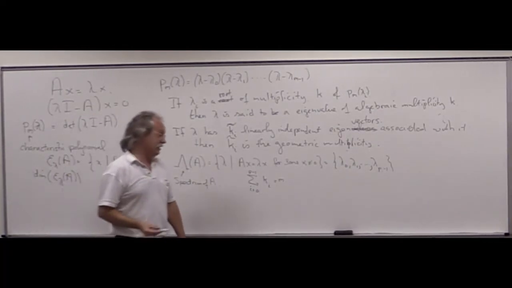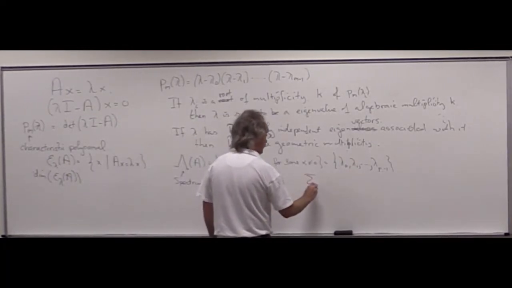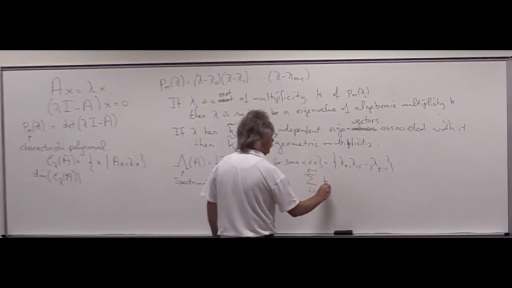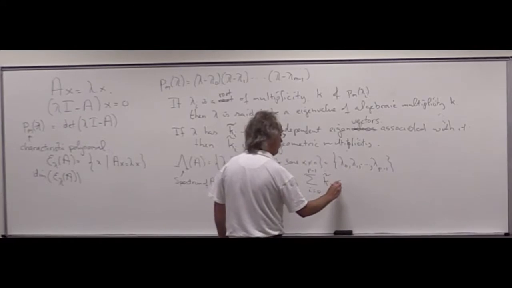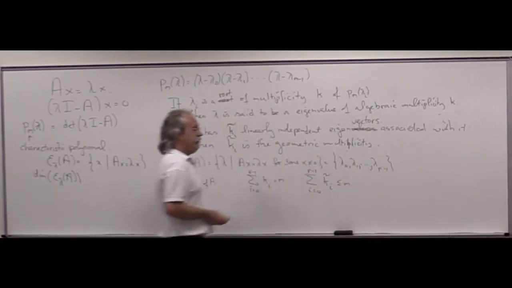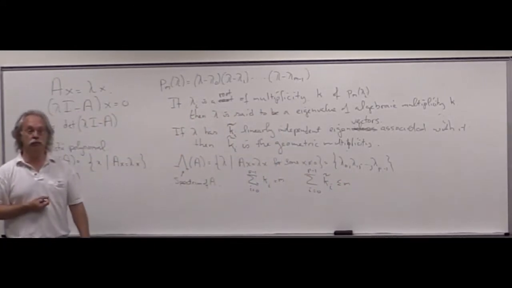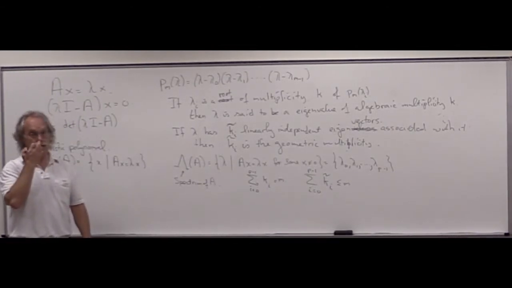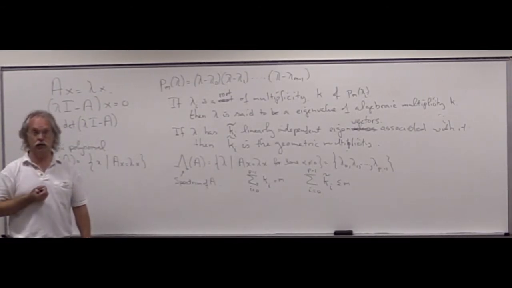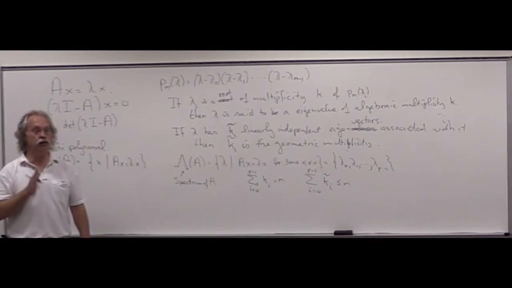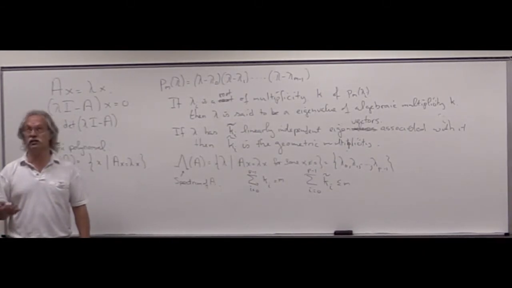It is not the case that if you add all of the geometric multiplicities together, you end up with m. So it's possible that you have fewer linearly independent eigenvectors than you need to span the space C^m.